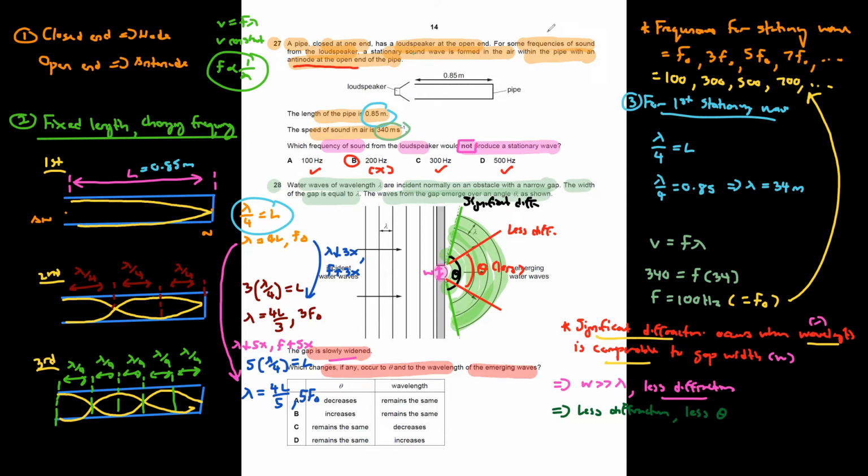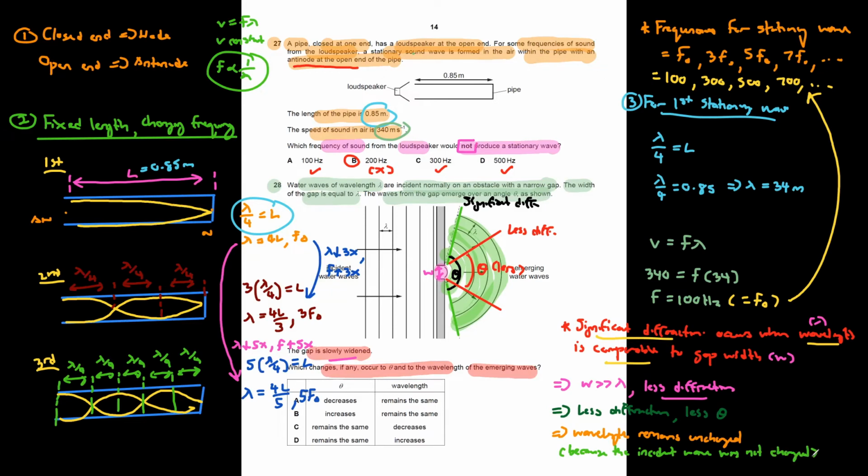Now, what about the wavelength then? Okay, so the wavelength remains unchanged because you did not change anything about the original wave. Because the incident wave was not changed in any way.